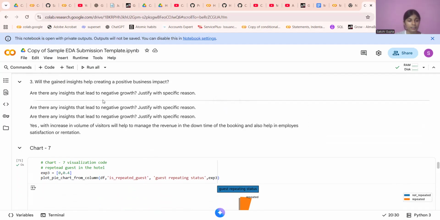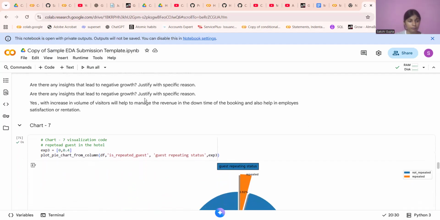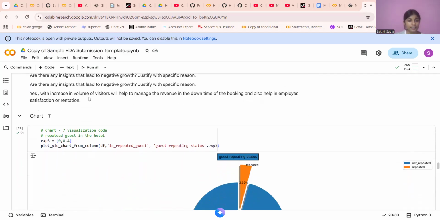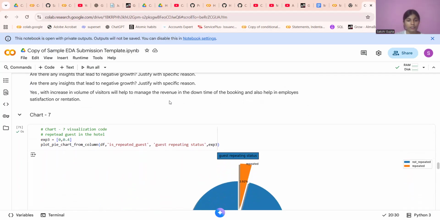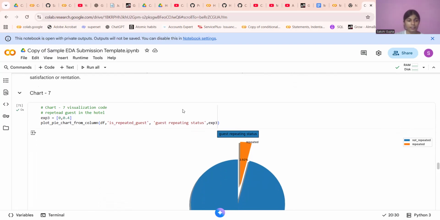Are there any insights that lead to negative growth? Justify with the specific reason. Yes, the answer is yes. With an increase in the volume of guests, it will help to manage the revenue and the downtime of bookings and also help in employee satisfaction and retention.